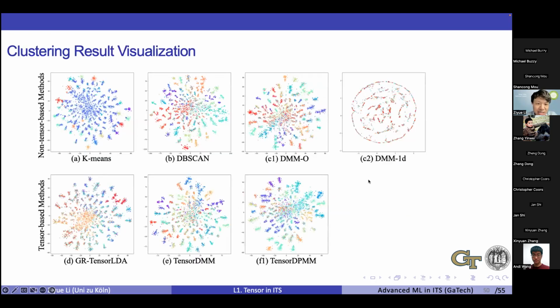And this is the visualization of the passenger clusters we learned. You can see that our model puts the same passenger clusters more tightly, which means it's good compared to the rest.